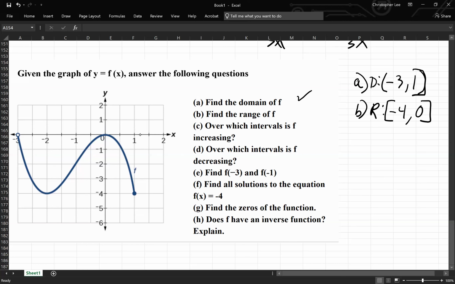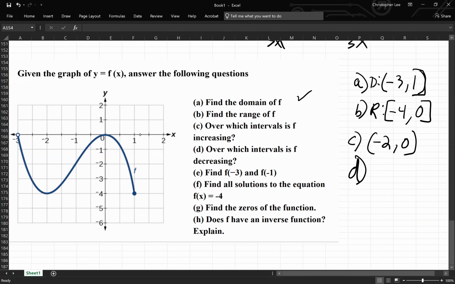Over which interval is this increasing, right? So we're increasing from -2 to 0. So from -2 to 0, we're increasing right from here to here, right? And then D, over which interval is it decreasing?